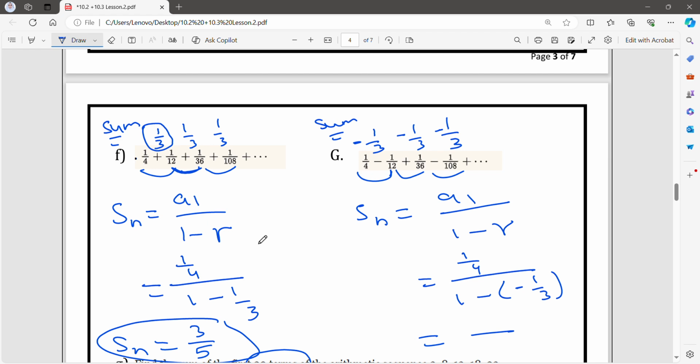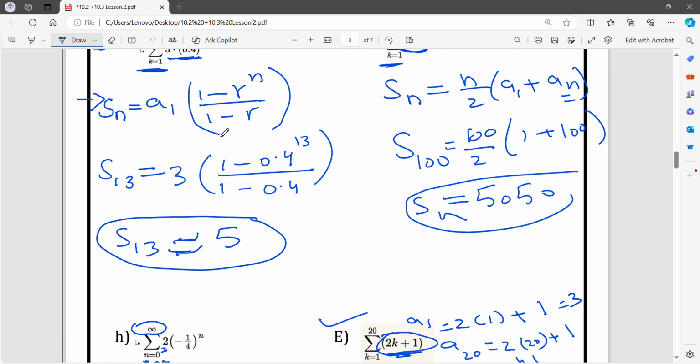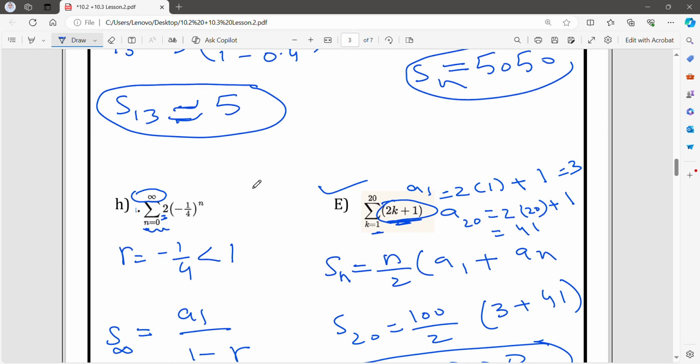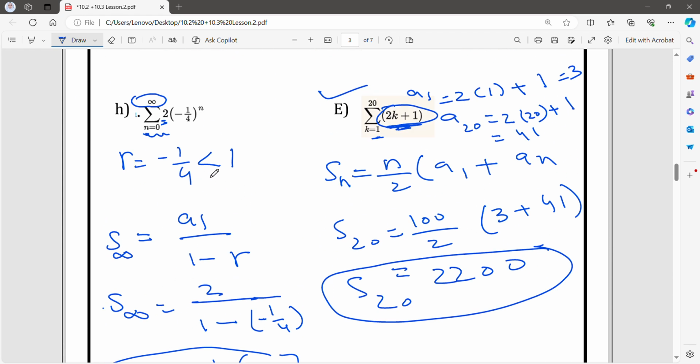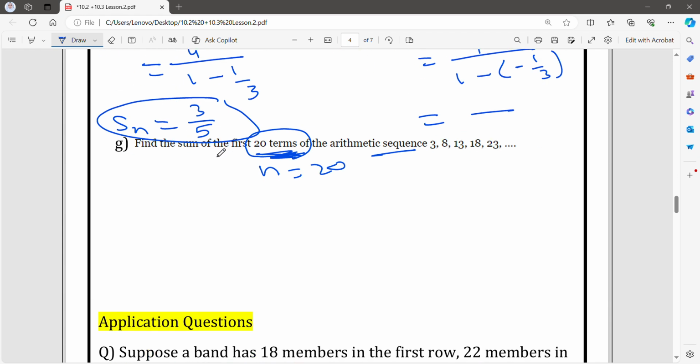Whenever you have a finite series, a finite sequence, you use this formula. If it's infinite, you have to use this formula, but for infinite you have to check the R value. But in arithmetic, if they give you an infinite arithmetic sequence, they should tell you for how many terms you need to find. So here we need to find the sum of 20 terms, right?